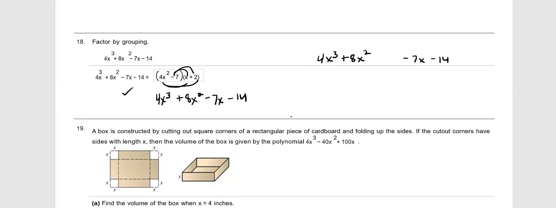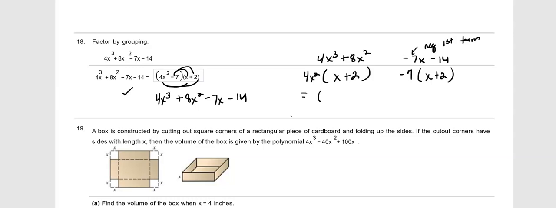The GCF for the first group is 4x squared, and factoring out that 4x squared leaves x plus 2. And since we have this negative first term, for this negative 7x minus 14, the GCF isn't just simply 7, it's a negative 7. And factoring out negative 7 gives us the x plus 2 in parentheses.